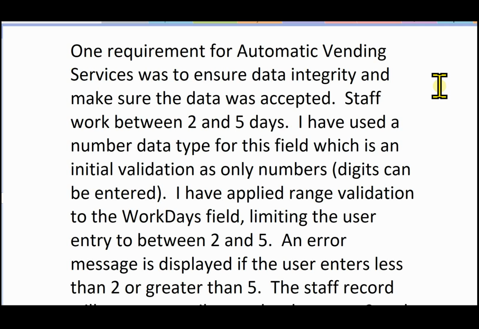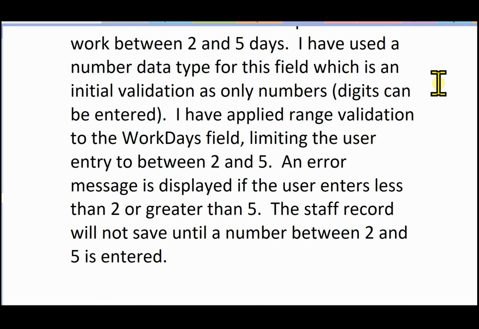I've applied range validation to the workdays field, limiting the user entry to between 2 and 5. An error message is displayed if the user enters less than 2 or greater than 5. The staff record will not save until a number between 2 and 5 is entered.